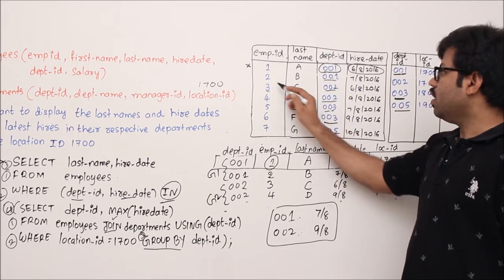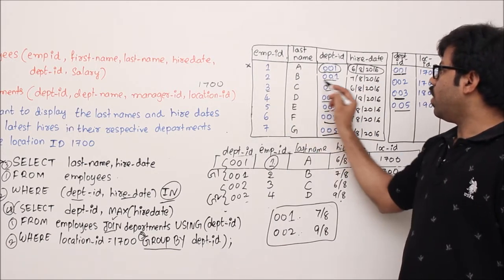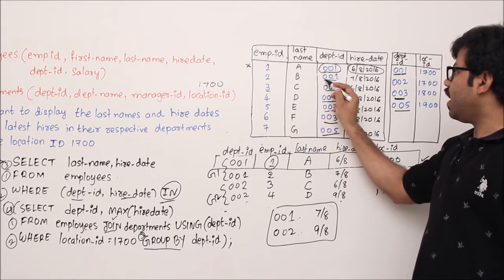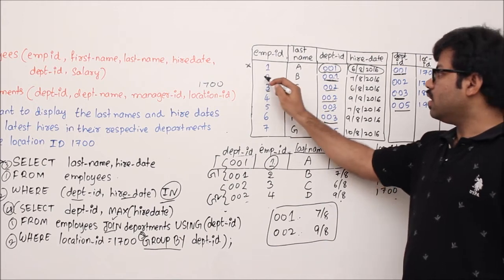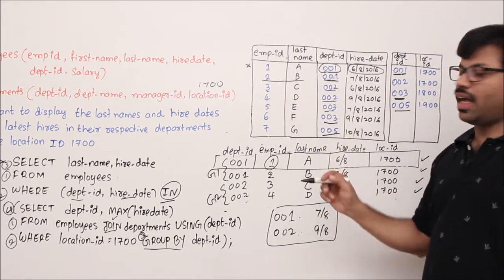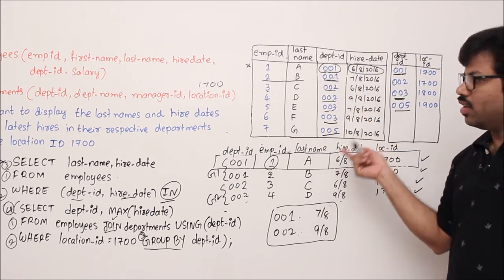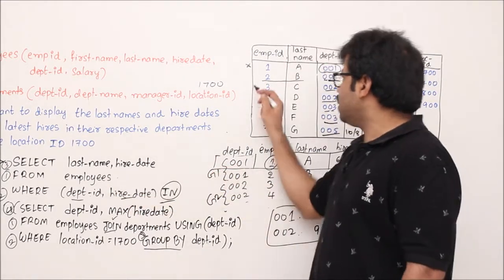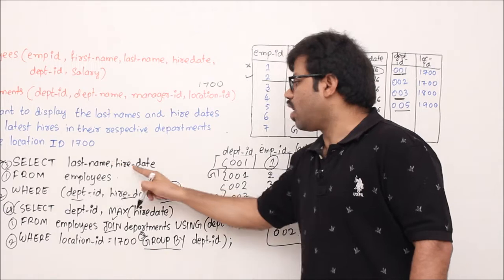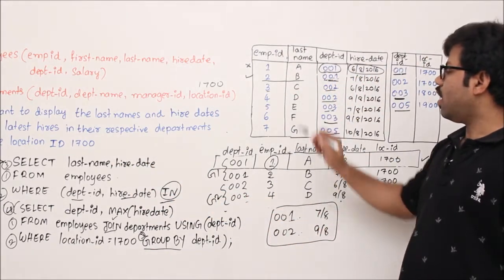So what about B? In department 2, what is employee 2, department ID 001 and 7/8/2016, matches. That means this fellow's hire date is max hire date in department 001. So he is the right candidate. For him, since it is selected, his last name comma hire date you are printing. So what is last name?